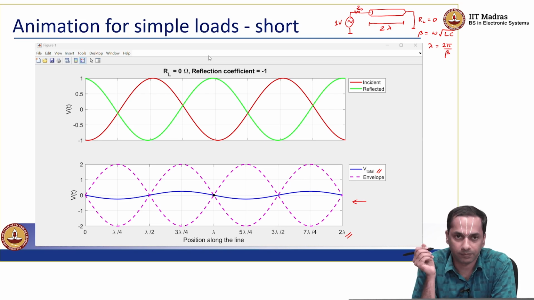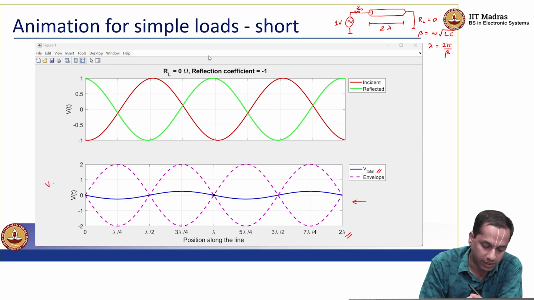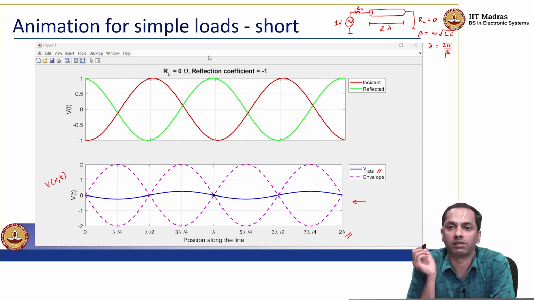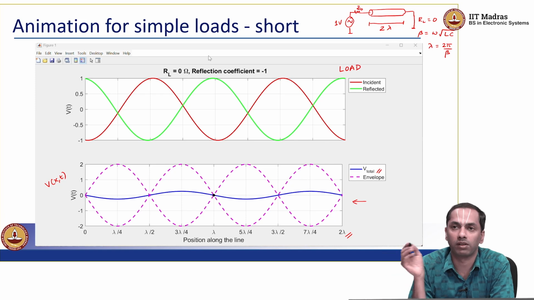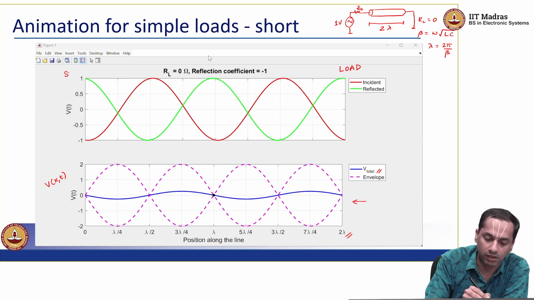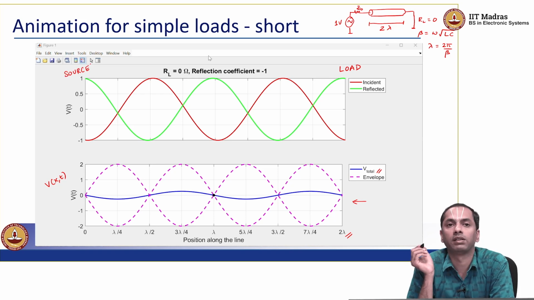Even though I say that this is V of t, we are actually getting to see V of x comma t. To the right of the plot is where I have the load, and to the left I have the source.